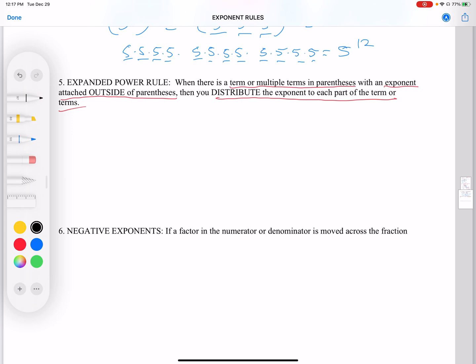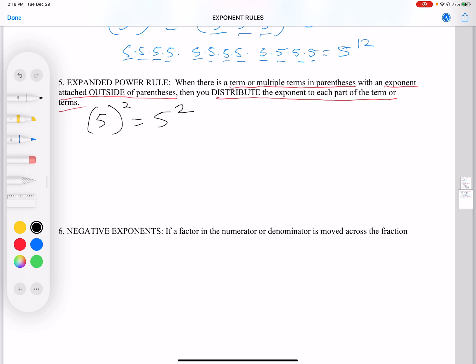So let's see what this means first. Sorry, this is not what this means. This means if I have 5 to the second in parentheses, that equals 5 squared.